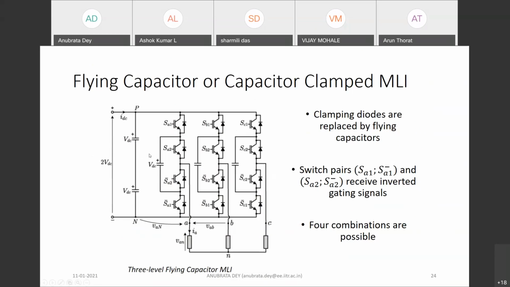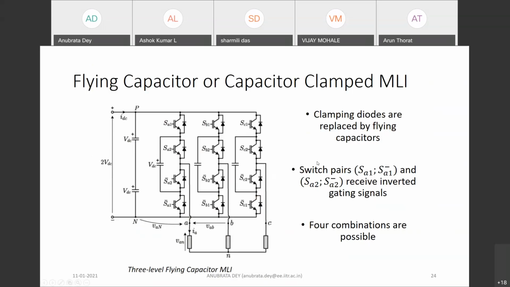Why is it called flying? Because the reference is not tied to either the positive or negative DC bus. So it can retain this voltage if an appropriate control mechanism is implemented. Then using that particular voltage, you can get three different levels at the terminal A.